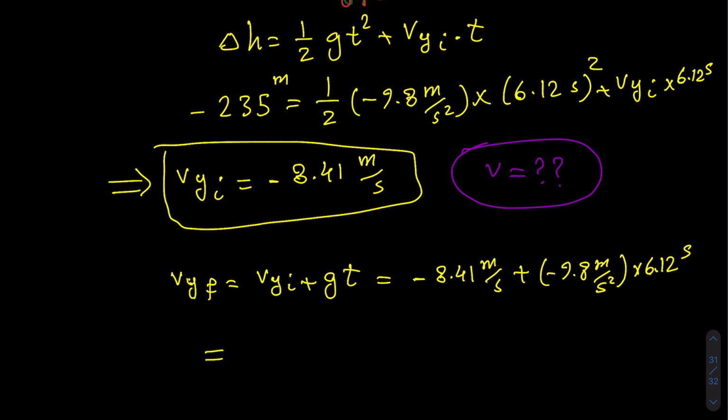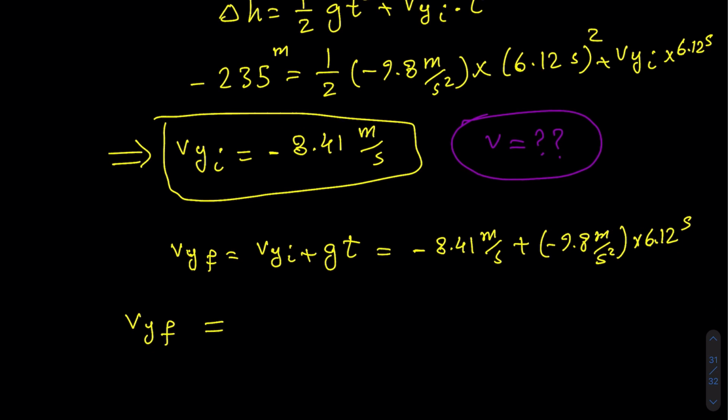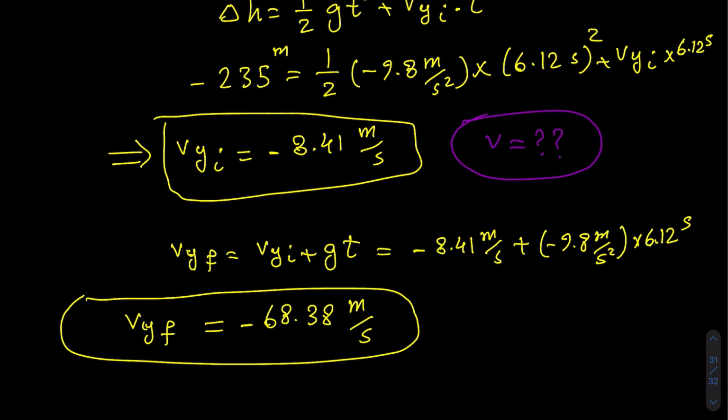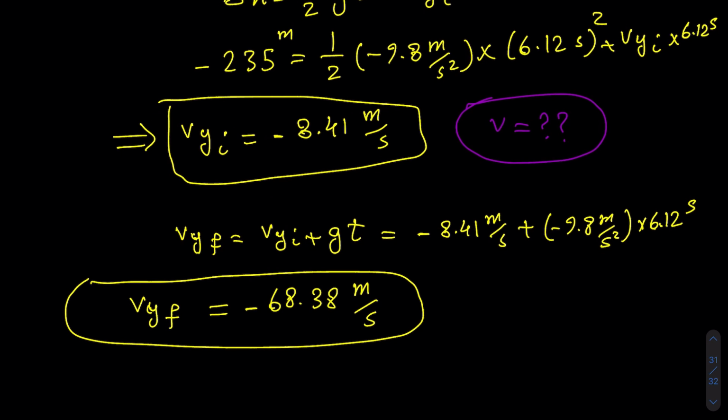So the answer will be v sub y final equal to negative 68.38 meters per second. That means the final velocity towards the vertical axis has increased, but downward. Negative means it's downward, right?